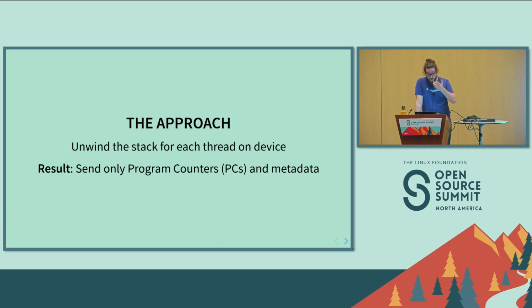We're going to do the unwinding of the stack, or of all the stacks, on the device, and we're only going to send up the program counters and some of that metadata that we talked about before. With that kind of setup, you can be pretty sure there's no sensitive data coming off the device because it's just addresses of functions, essentially.